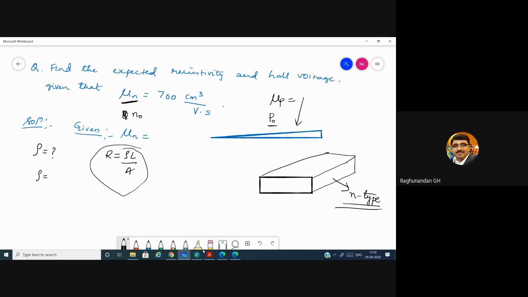Okay. Some more simple equation. The simplest equation is 1 by conductivity. This is the simplest equation we can have. Okay. So inverse of what is this?